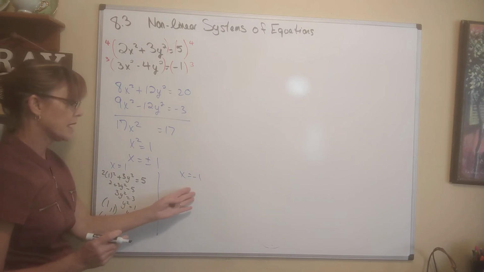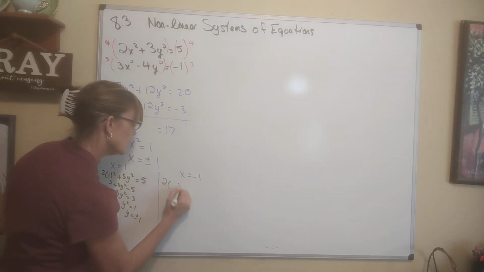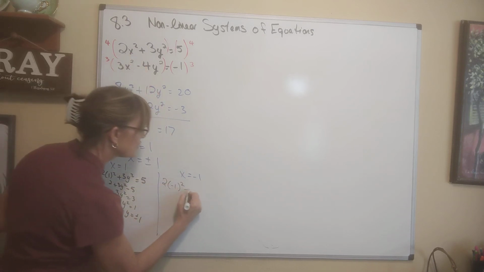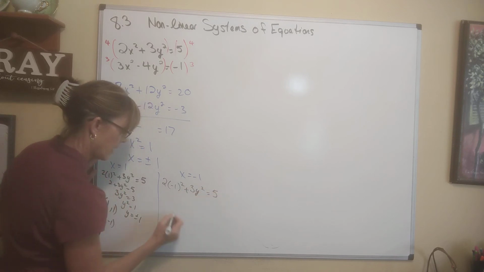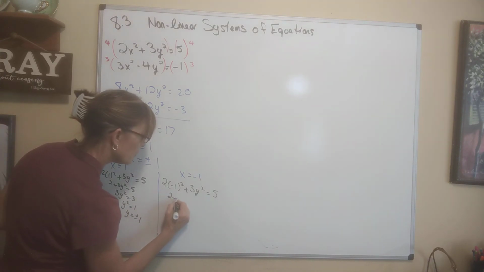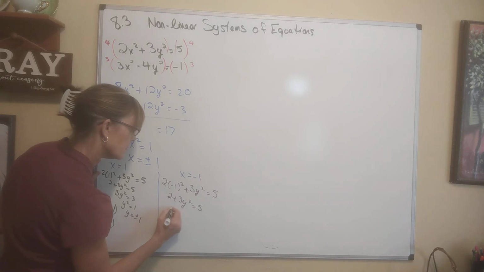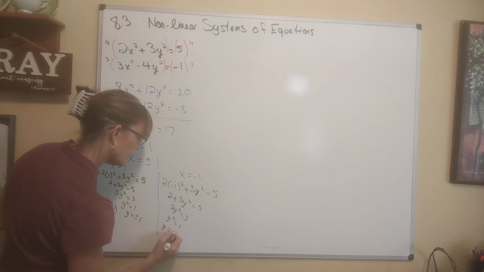Okay, let's deal with when x is -1. Again, I'm going to choose the top equation, 2 times -1 squared when I substitute in my x value, plus 3y squared is equal to 5. Okay, -1 times -1 is 1, times 2 is 2, plus 3y squared is 5. Subtract 2 from both sides. Divide by 3. Take the square root.